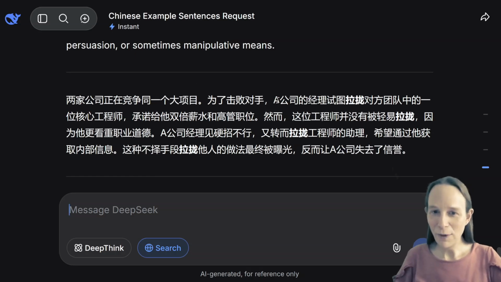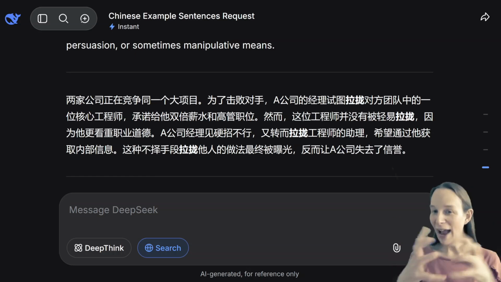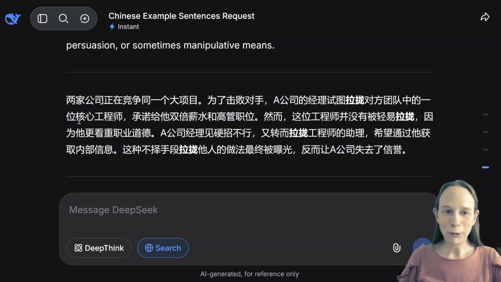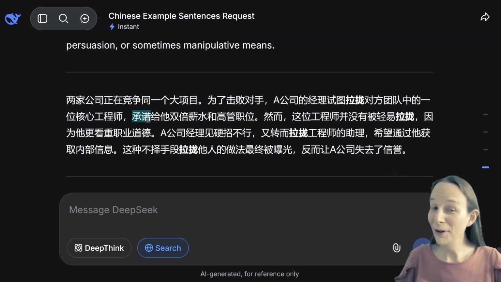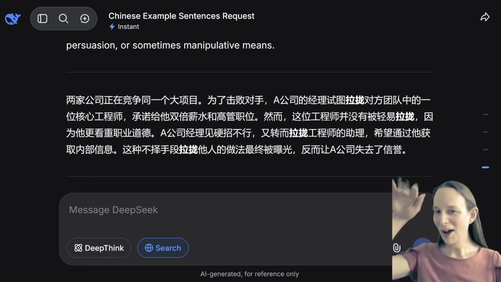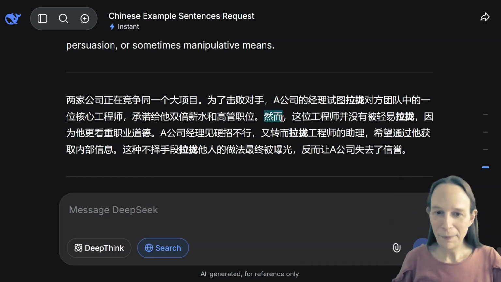All right, so company A is trying to inappropriately drag in a core engineer from the other team, 承诺给他双倍薪水和高管职位, promising double the salary and some high-level management position.